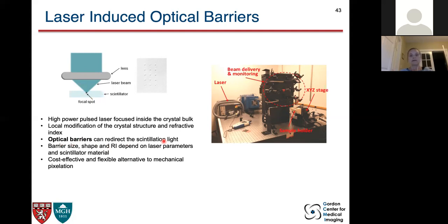And this is just a picture of our setup that we have in our lab with the laser and delivery optics and the stage that holds the sample, that we can program to draw any pattern that we want inside the crystal. So this can be a very cost-effective and flexible alternative to mechanical pixelation.